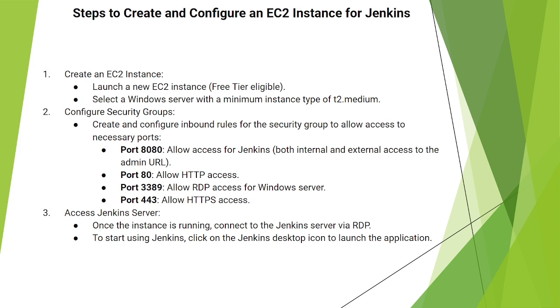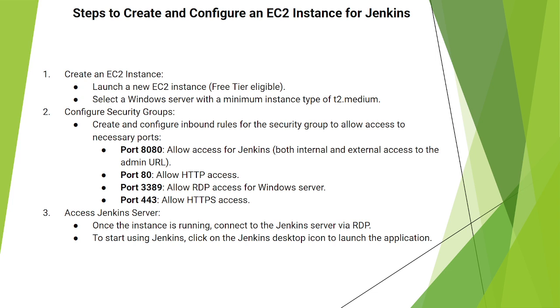Now to create a CI/CD pipeline, there are different ways you can create it. You can use any of the cloud platforms like AWS or Azure. If you have chosen to use AWS, then you can configure an EC2 instance to run your Jenkins.